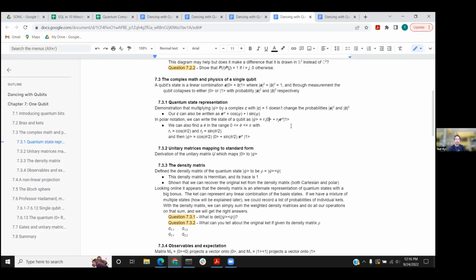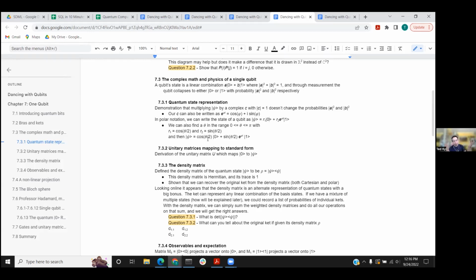Now, in addition, we can look at this whole business of e to the phi i, and ultimately we can rewrite this further as R1 is the cosine of some angle. We know it's a positive number, so it's the cosine of some angle between 0 and 90 degrees, between 0 and pi over 2. And so we can say this is cosine of theta over 2, where theta is between 0 and pi.